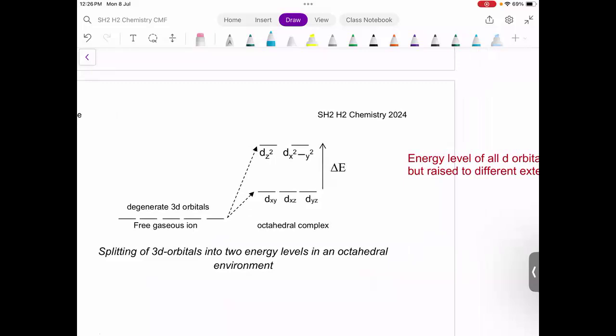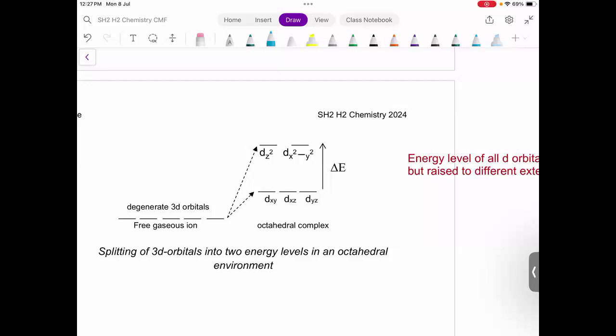the incoming ligands because both are electron rich. Ligands have lone pairs, therefore they are electron rich. There are electrons in the d orbitals, which can also repel the incoming lone pairs. Because of this repulsive force, the energy level of your d orbitals will be raised.